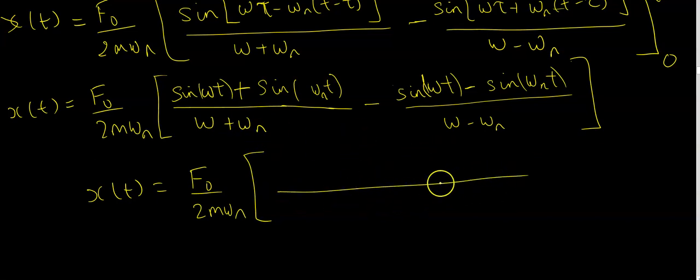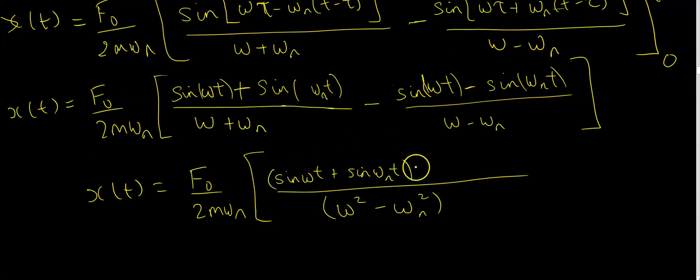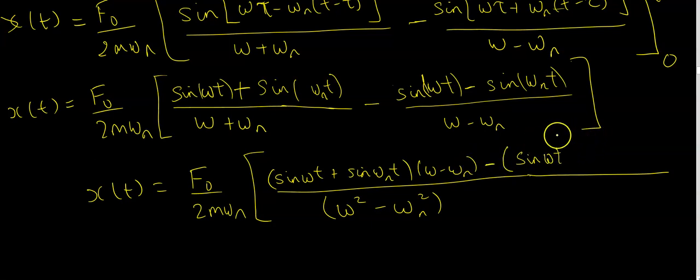If I look at getting a common denominator, I can get it as omega squared minus omega n squared, and in that way it just becomes sine omega t plus sine omega n t multiplied by omega minus omega n, and then I can say minus, put a bracket here, and if I bring this across up here, it's going to be minus sine omega t, because I've taken the minus on the outside here.